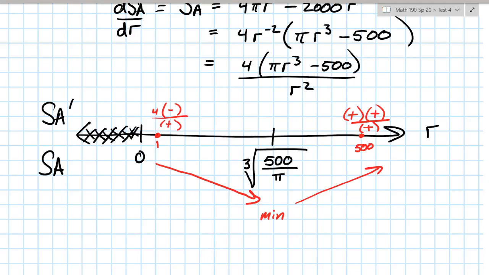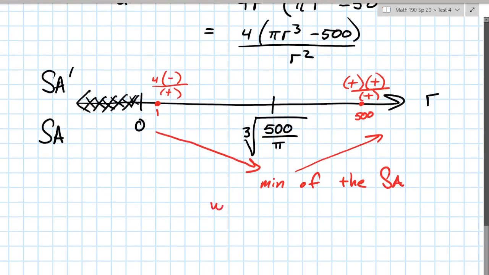That is, we have a min of the surface area when r is the cube root of 500 over pi.